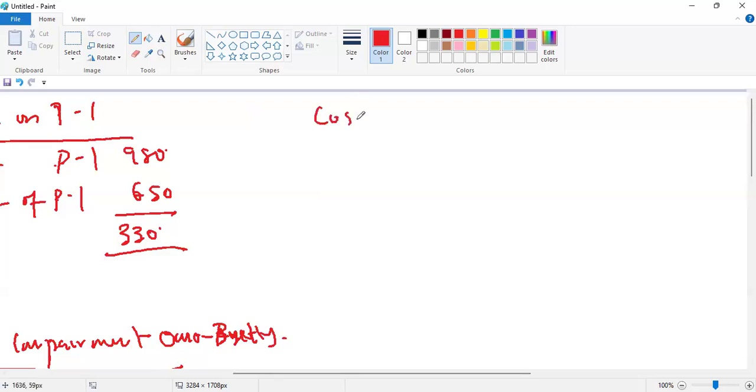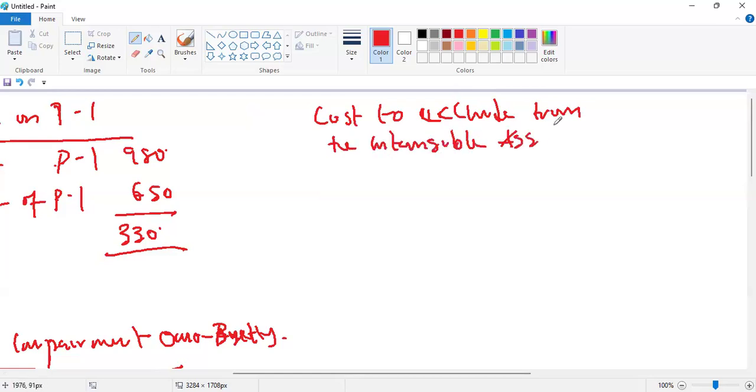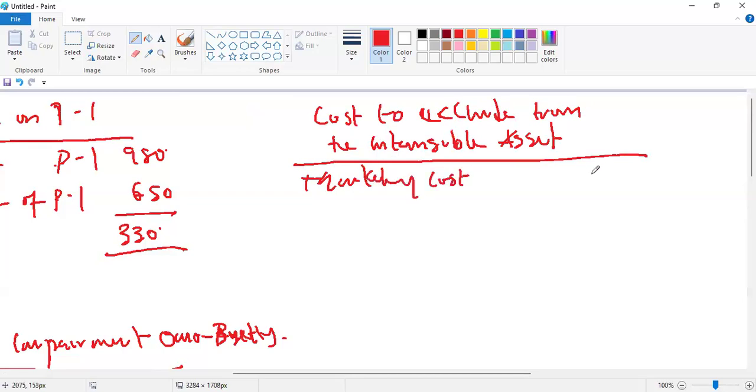Cost to exclude from the intangible, because you have included everything. The glaring one is the marketing cost. Then the one for the investigation cost of 32.